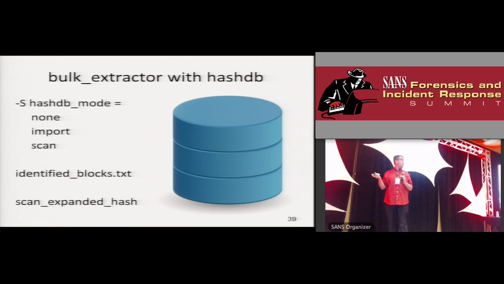And what bulk extractor does is it outputs an identified blocks TXT file that contains the hash and the number of ones that match. When you run it back through HashDB, then you can run a scan expanded, and it's going to come back and say these samples are related based on this hash block, and you can start looking. It's a way to quickly identify malicious blocks that are related, because my memory is not as good as Dmitry's.